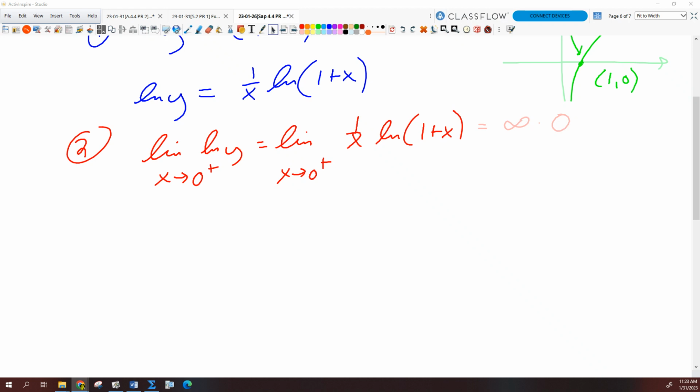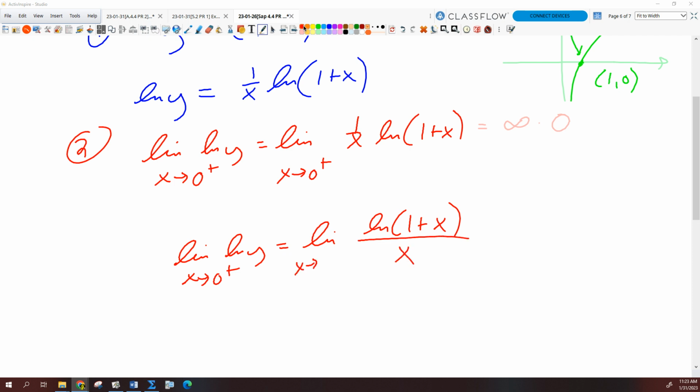Okay, so we're going to write this as the limit of log y is equal to the limit of log 1 plus x over x as x approaches 0 from the right. Well, that just looks like 0 over 0, right? Okay. So what would we do to the right side?